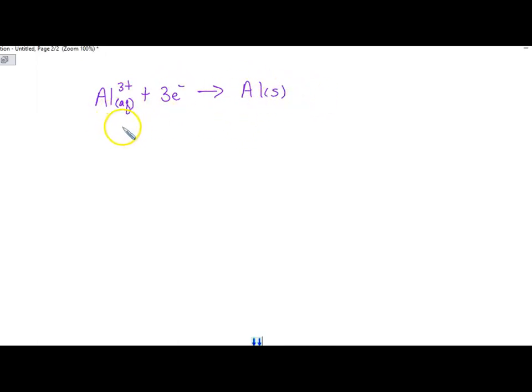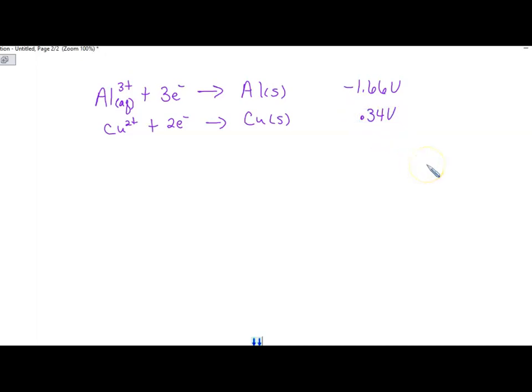So we do that, and I'm going to go ahead and do that copper. Now right now I'm just writing these down to see which one is going to get flipped. Remember, I'm just pulling this from that chart, and I'm doing this so that we can review this. If I pull this from the chart, I will see this is a negative 1.66 volts, and I will see that this is a positive 0.34 volts.